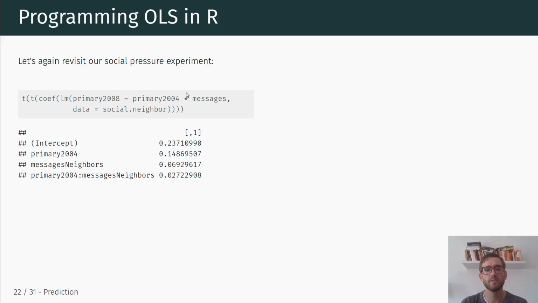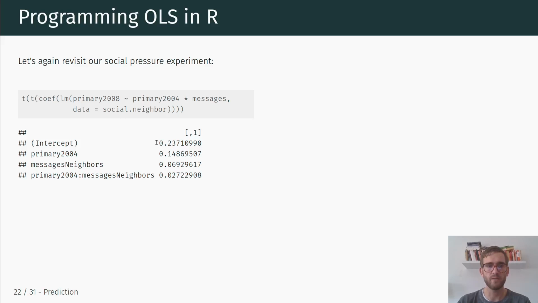And one of the things that we looked at in the past was this interaction effect between voting in the previous primary in 2004 and the social pressure message treatment on expected turnout in the 2008 primary. If we run this regression, I just did a little trick of taking the transpose of this vector of coefficients twice to have it in a nice format that fits in my presentation. Other than that, you can just ignore this part.